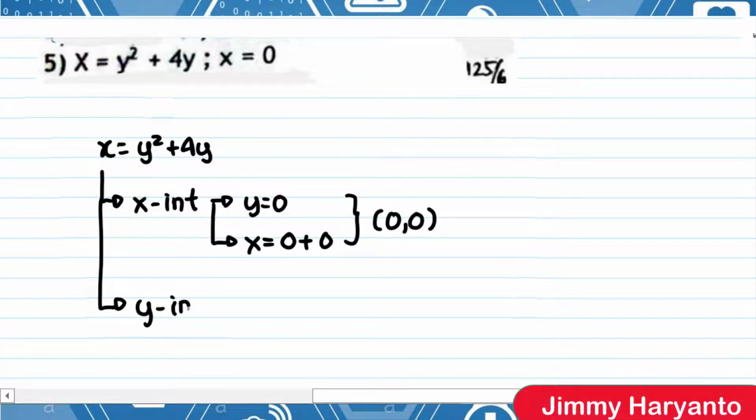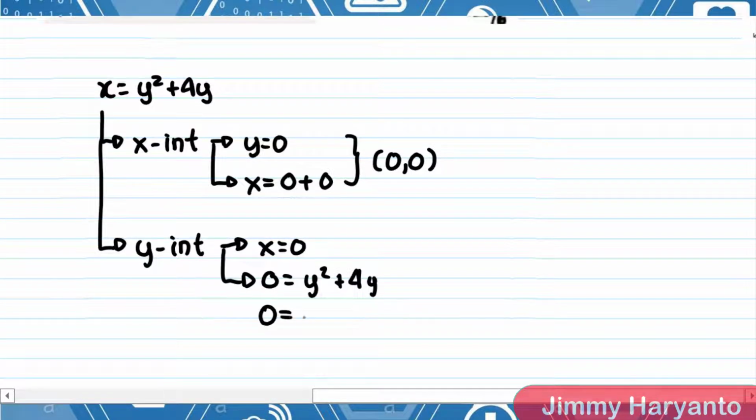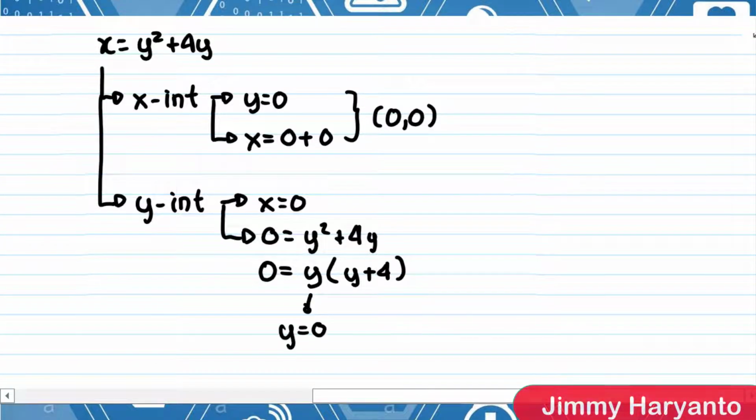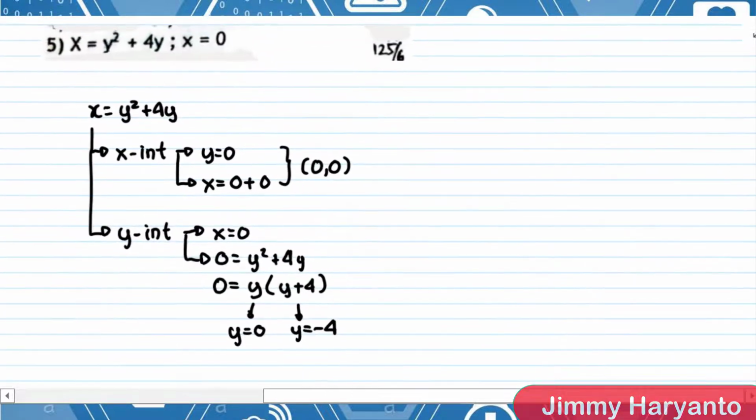And then the y-intercept. Y-intercept means x equals 0, and that also means 0 equals y square plus 4y. And then you have to factorize it: y in the brackets, y plus 4. From this one you'll have y equals 0, and from this one you'll have y equals negative 4.